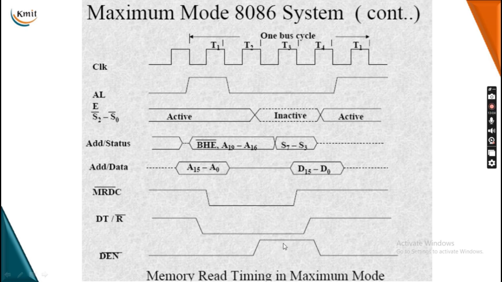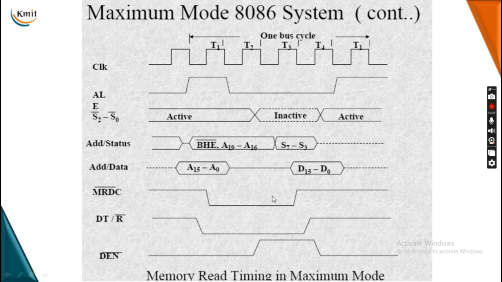Data transmit or receive: as we are going for reading, nothing but receiving the data, we are not writing anything. So at the active part, it should be low because it is DT/R bar. Clear? The data lines A0 to A15, when active, carry D0 to D15. This is just a 16-bit address and 16-bit data.